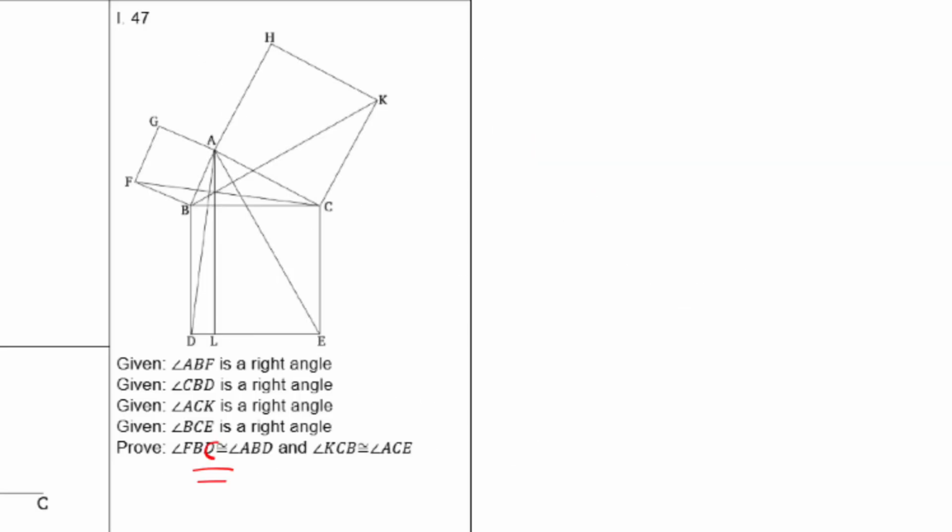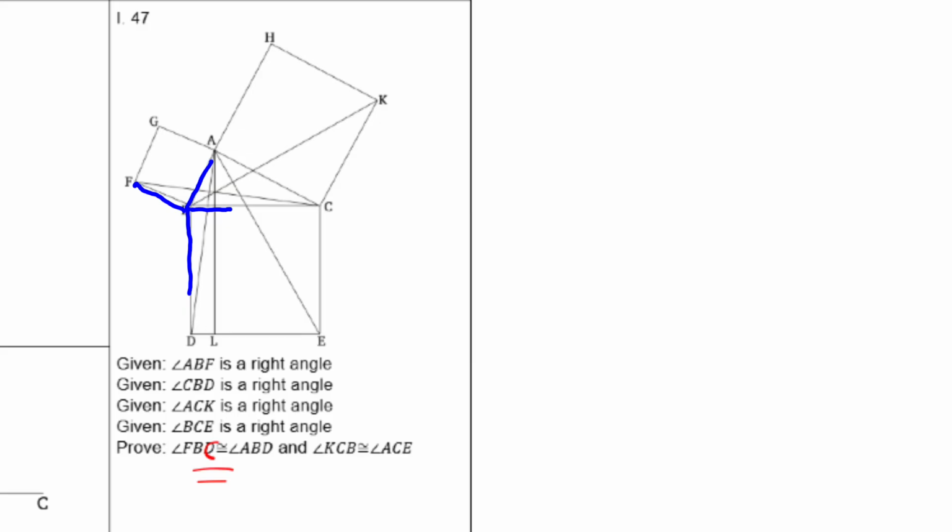Now these properties come up in actual Euclid's Elements. Here's a really complicated diagram, but it has here a right angle, FBA, and it has another right angle, DBC.